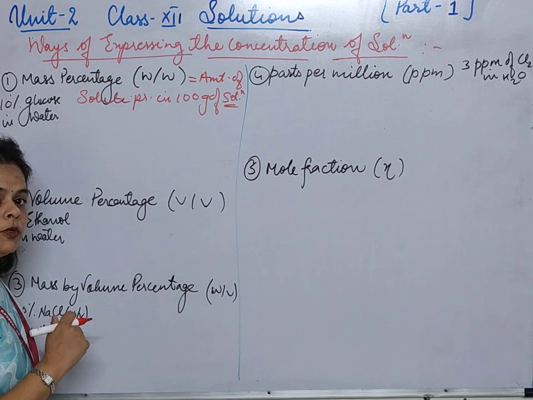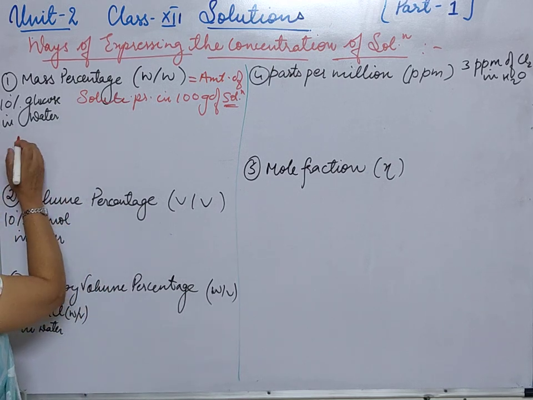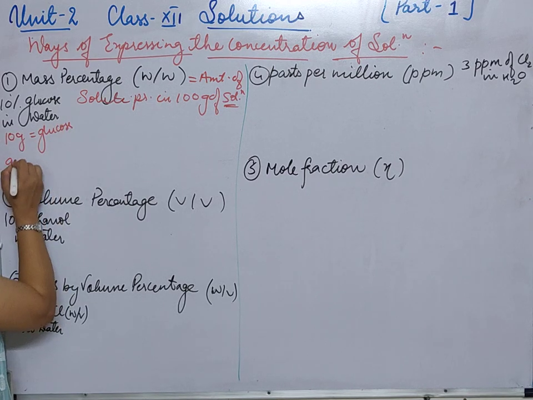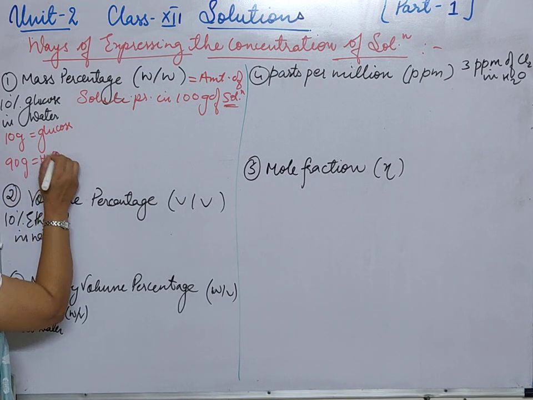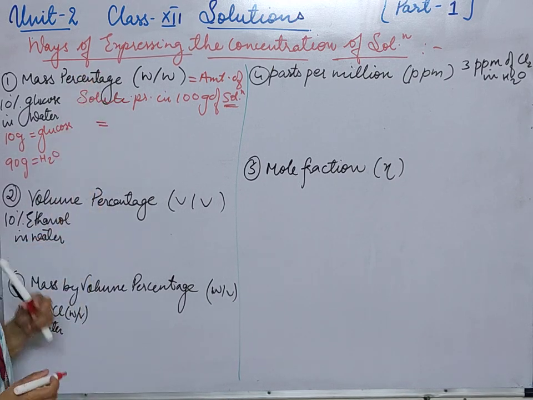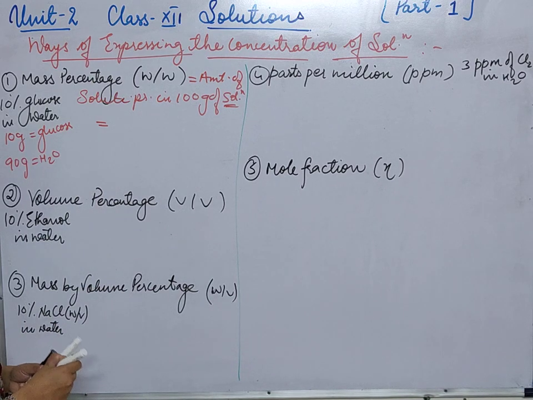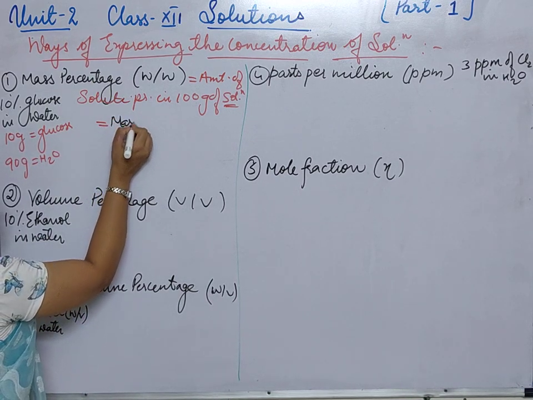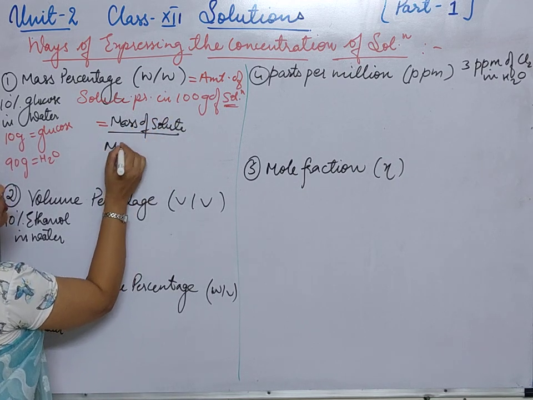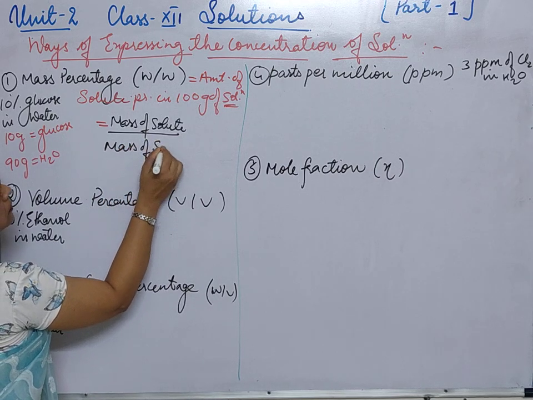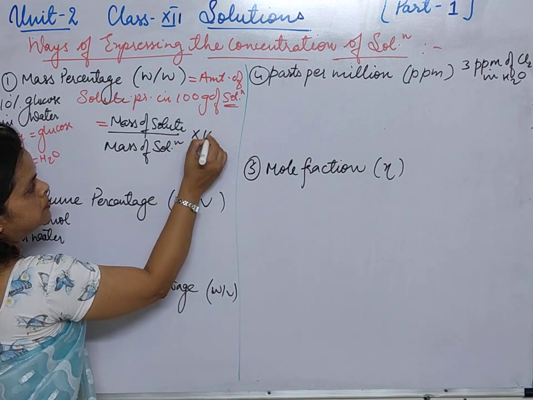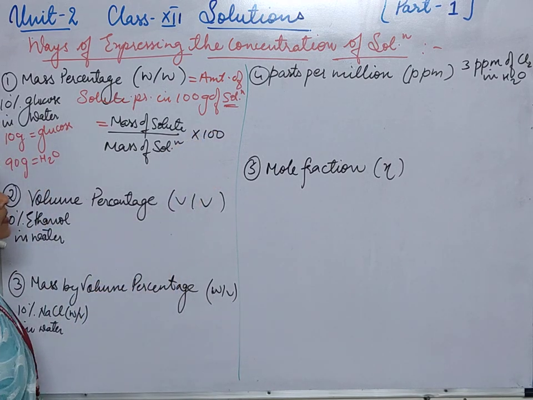That means what is the amount of water in it? 90 grams. If 10 gram is glucose present there, then 90 gram is water. Okay, so what is the formula to calculate this mass percentage? It is the mass of solute upon mass of solution into 100, because we are calculating the percentage.